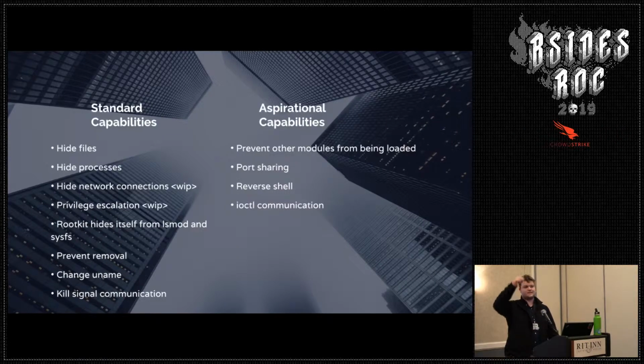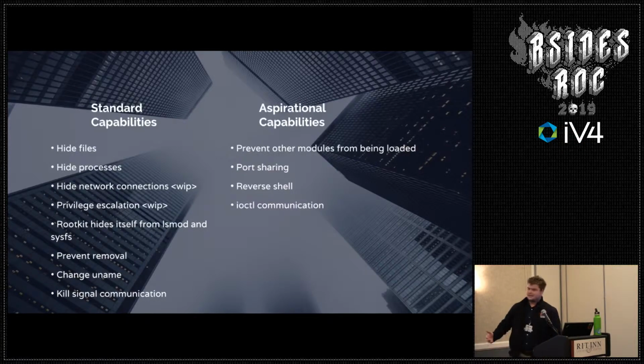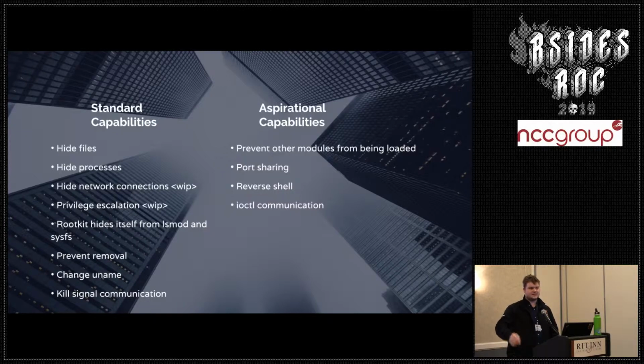After that, you've hijacked code execution. You can do whatever you want, and then you can return data based on saving that original value. This allows us to do things like hide files. So when they do a getDents call, you hook getDents and you hide the file. If they're doing netstat, you hide processes, etc.